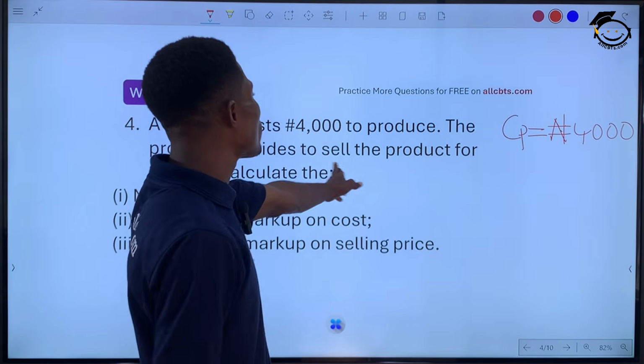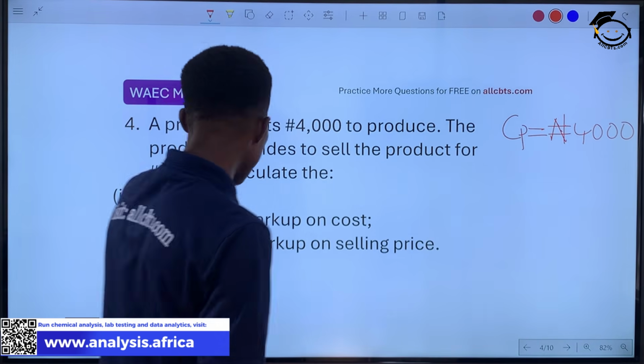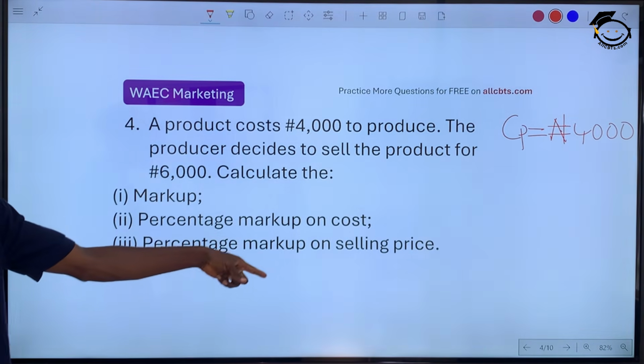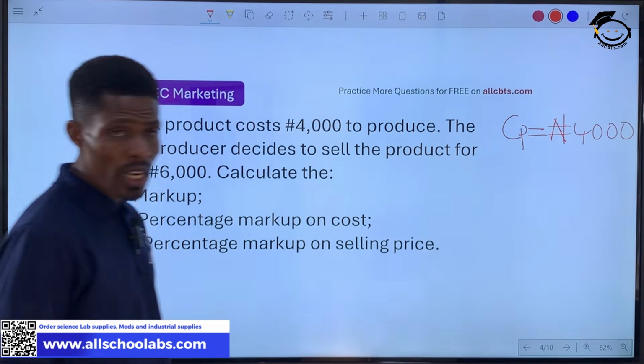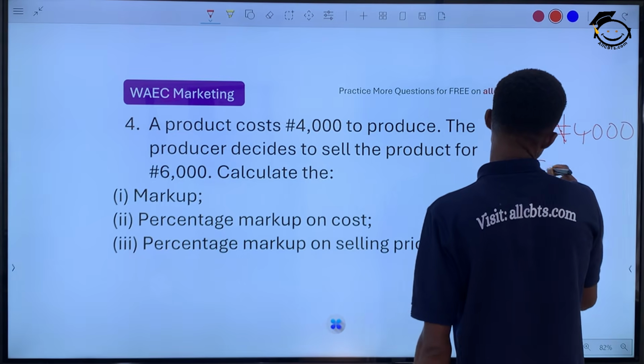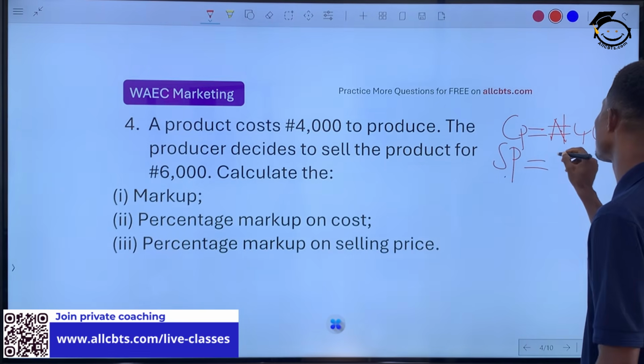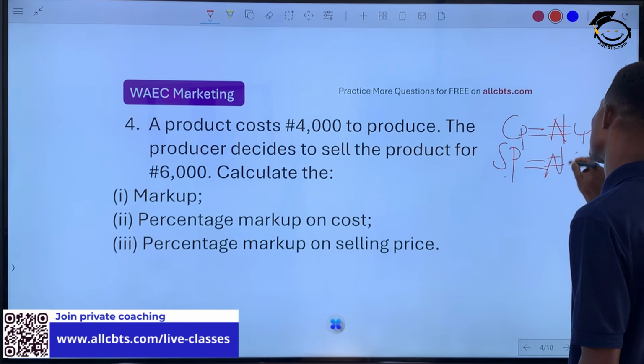The producer decides to sell the product for 6,000. Calculate the markup, percentage markup on cost, percentage markup on selling price. Now, what is the selling price? Let the notation for selling price be SP, and that is 6,000 naira.